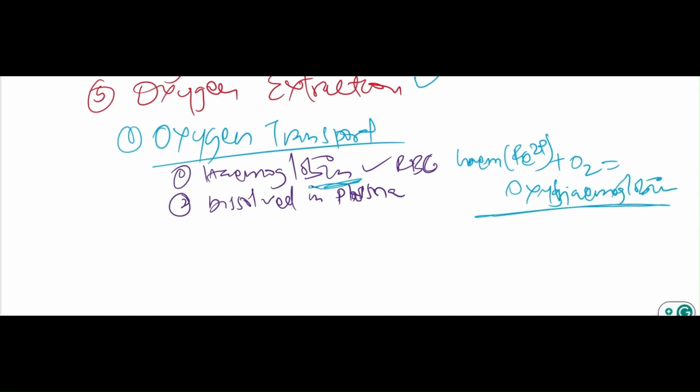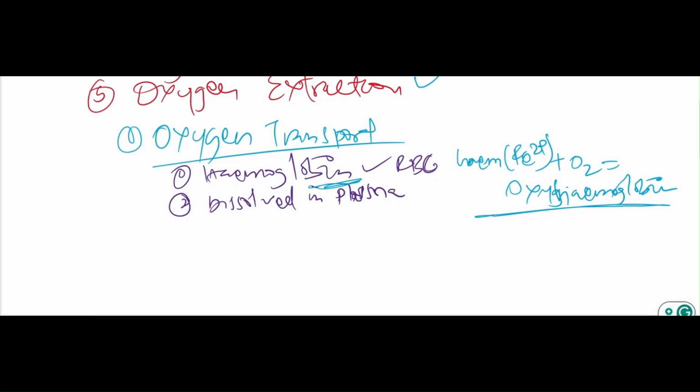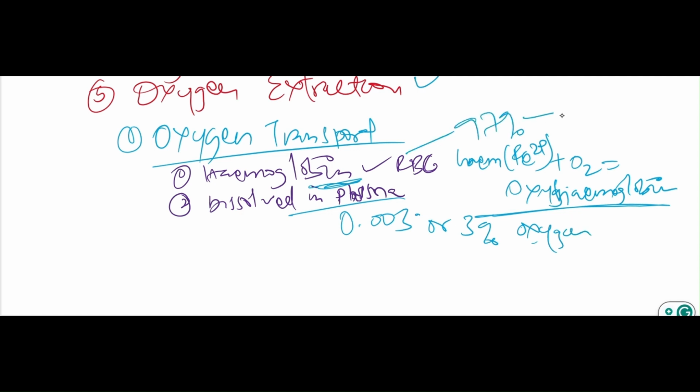This component transports oxygen to the tissues via blood vessels. And then we have plasma, in which oxygen is transported in dissolved form, and it usually carries 0.003, or 3%, of oxygen. This means that 97% of oxygen is carried by red blood cells, which contain hemoglobin, a pigment that transports oxygen and gives the red blood cell its color.